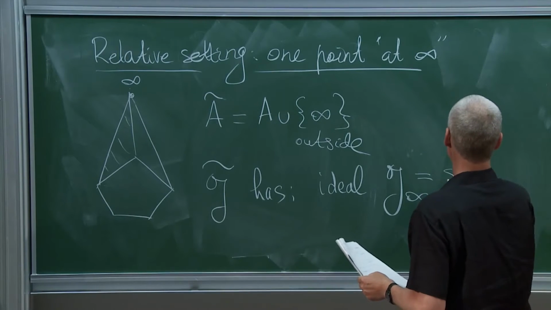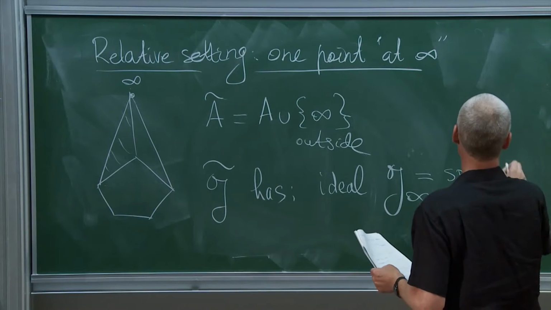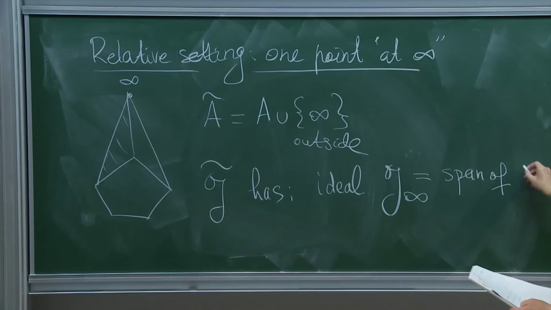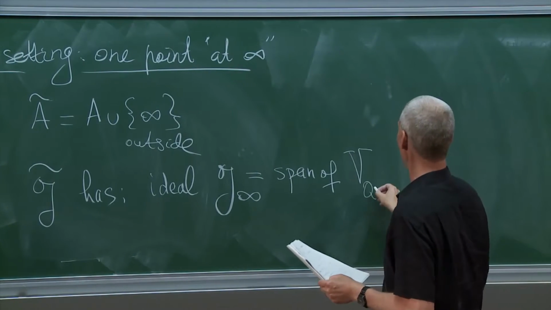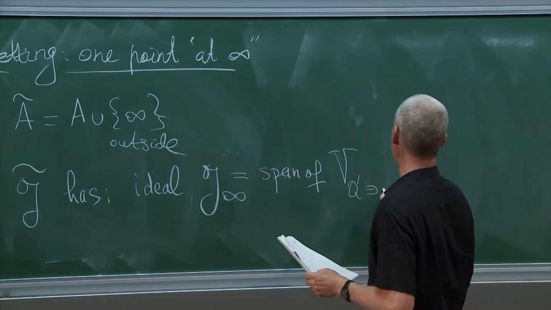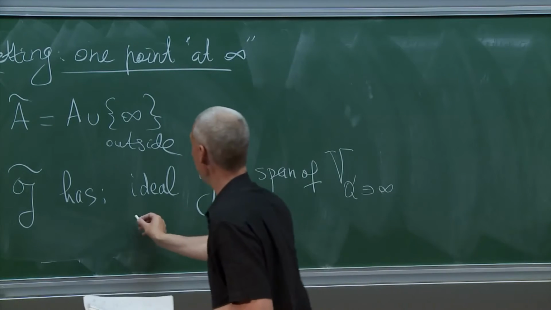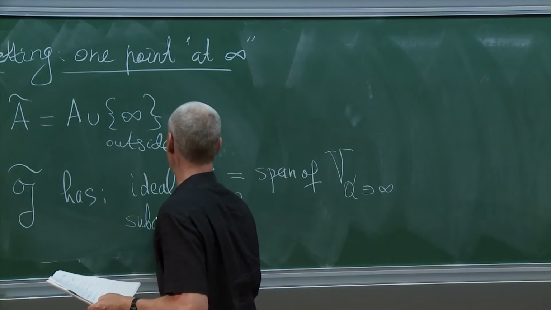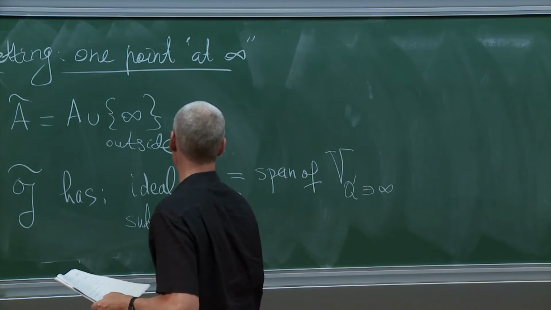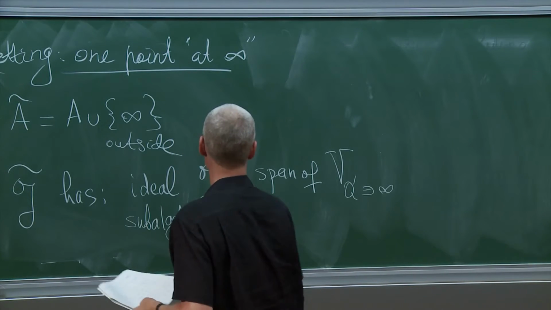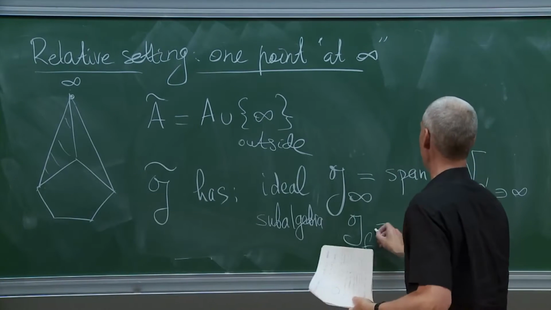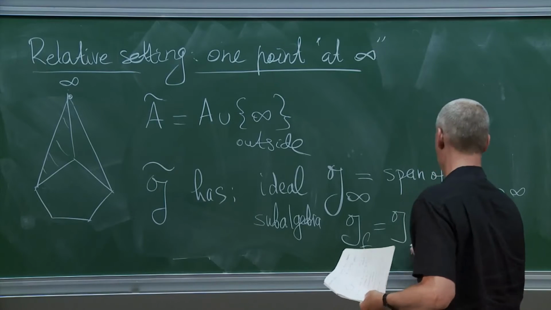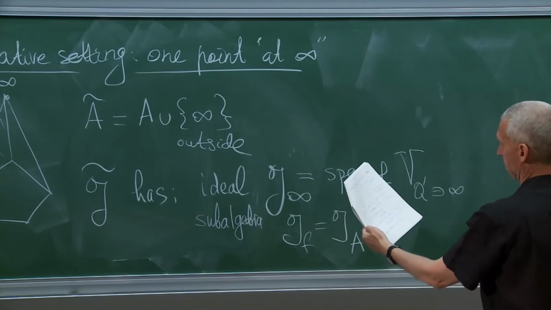It is the span of the generators, I use this notation VQ prime for Q prime containing infinity. And the sub-L-infinity algebra, GF, which is simply the algebra corresponding to A. And this is a direct sum of both of them.